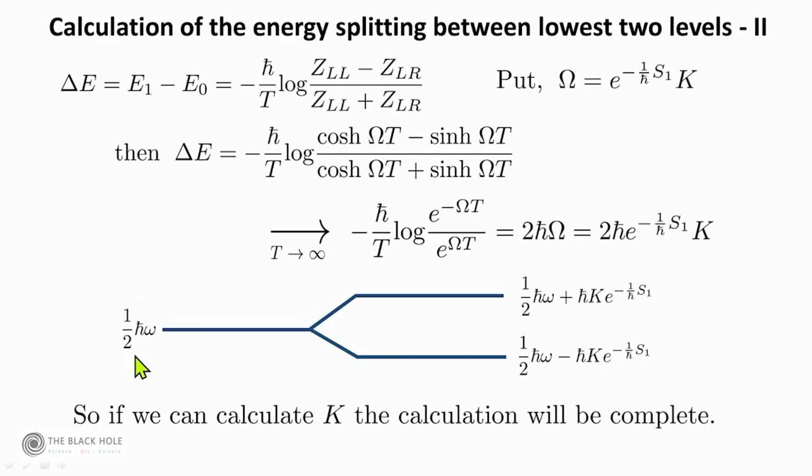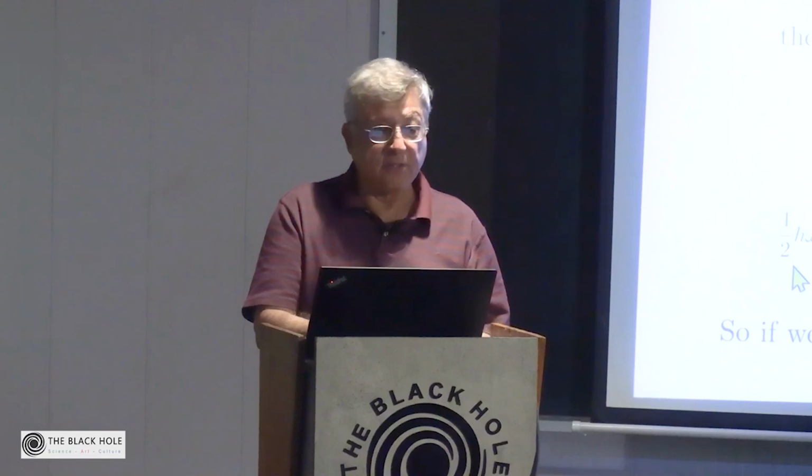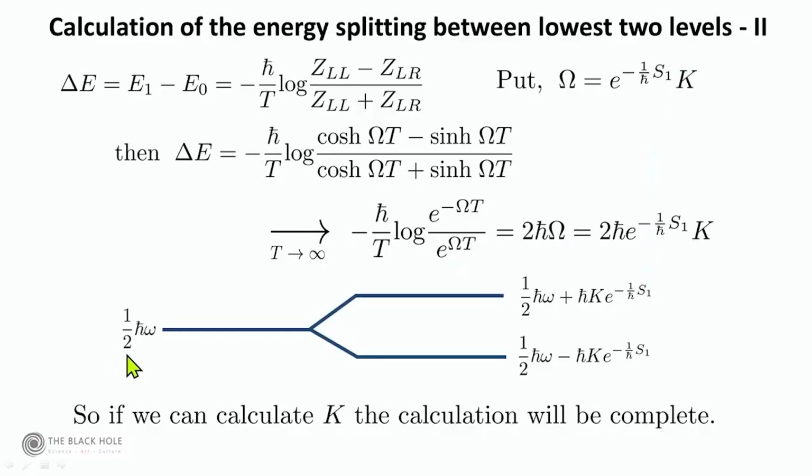So here is our grand result. If there was no tunneling of the particle from the left well to the right well, the energy of a particle in the left well would be half h bar omega. In the right, it would be the same. When there is tunneling, the symmetric state comes down by this amount.